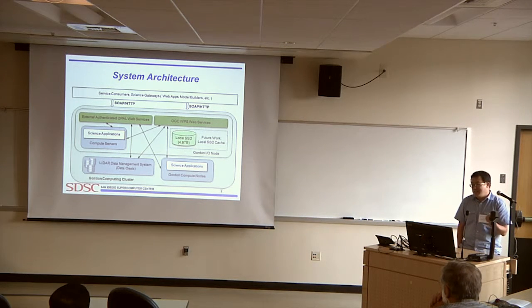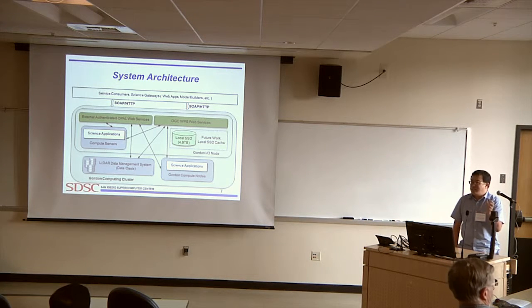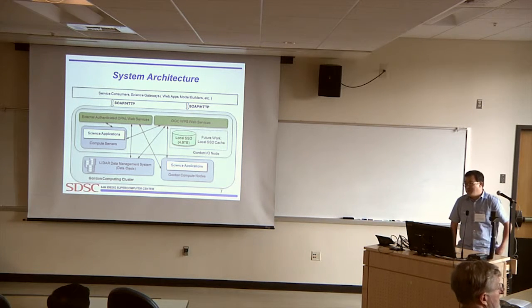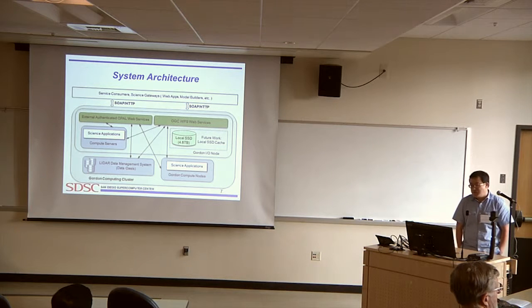So this is what we did for the OGC web services. The client could be a service consumer or a science gateway, which means a web app, model builder, or service orchestration engine, something like that. All of these are able to communicate over HTTP, or OGC standard XML over HTTP, as communication protocols.